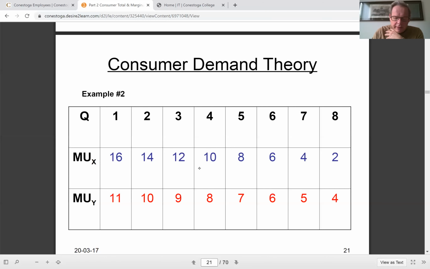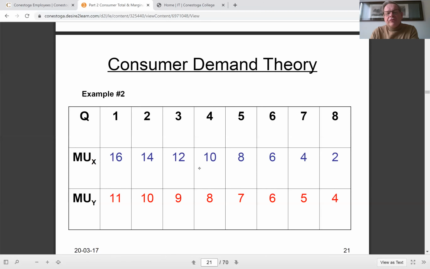Then we're going to buy the second Y, and we're going to get a marginal utility of 10 from that one, and our total level of satisfaction is 21, and we spent $1 on each. We spent $2 in total.